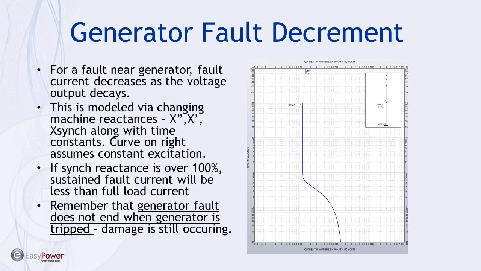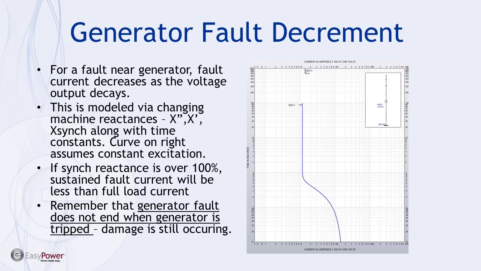So the reason for all of this is the way the generator behaves during a fault. So here's a generator decrement curve that shows how the fault current behaves as the fault proceeds. This is a time current curve.